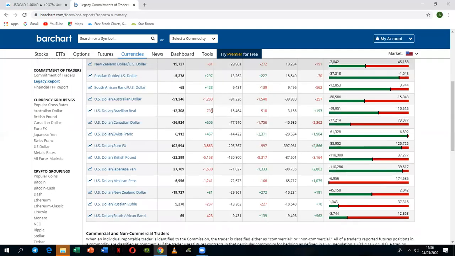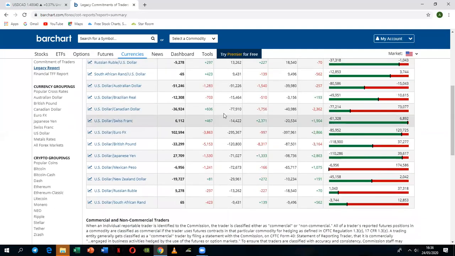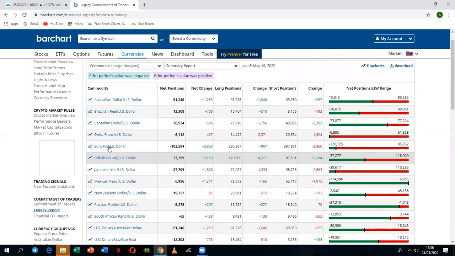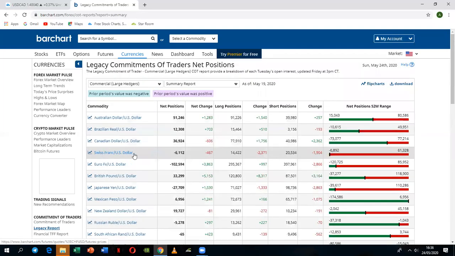So you want to look at the extremes. Now USD CHF, you see this. I already told you we had CHF USD here, and it was almost 100% in favor of the USD because the USD is the best. That's why it's red here. Red means the base currency is weak.